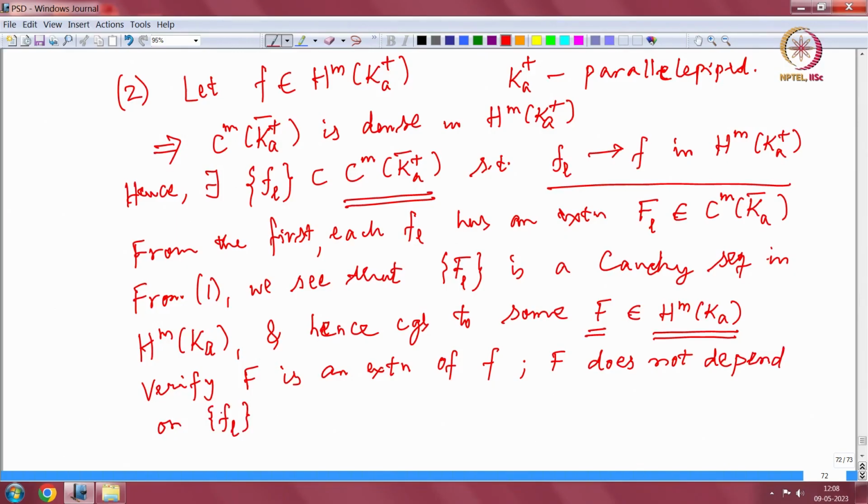So, if there is another sequence converging to f, and then a corresponding sequence converging to some other function, with some simple analysis you show that the limit is the same. Okay. And moreover, again go back to, so F also has an expression in terms of f. So, just look at this expression.